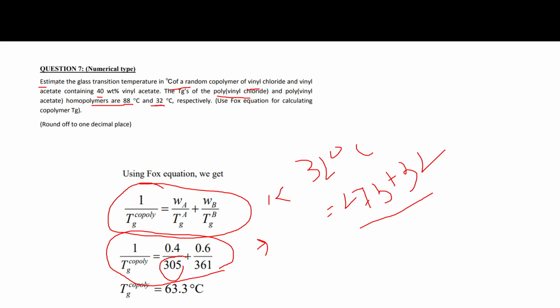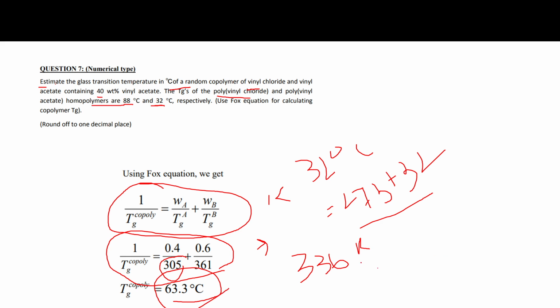If you calculate it, it comes around 336 Kelvin for the Tg. Then you subtract 273 to get the temperature, so it will be around 63 degrees centigrade.